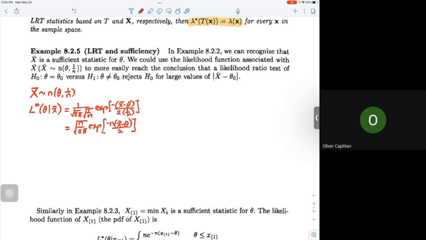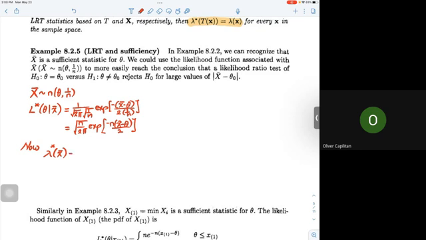Now, if we're going to compute for the likelihood ratio test statistic based on our sufficient statistic, that is lambda star of our sufficient statistic X bar.